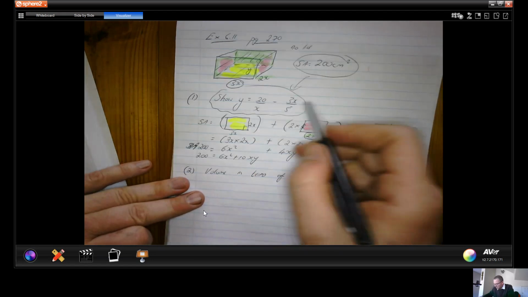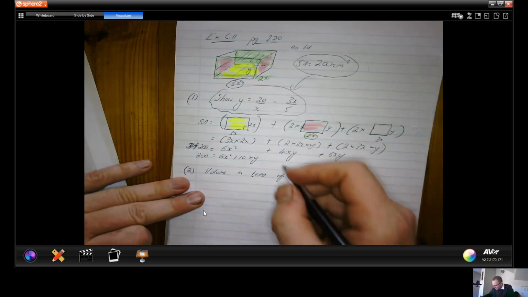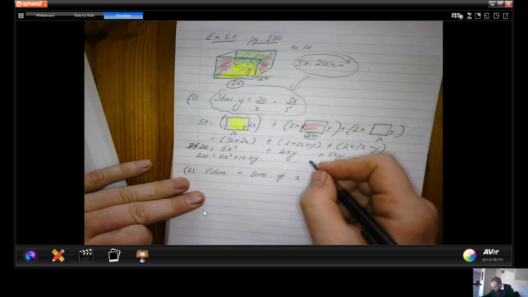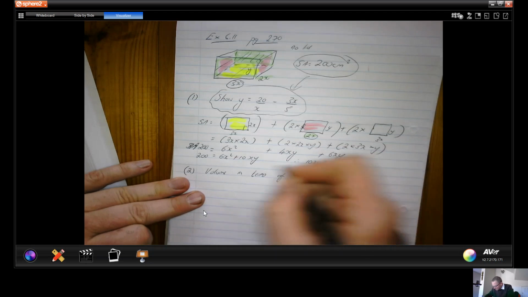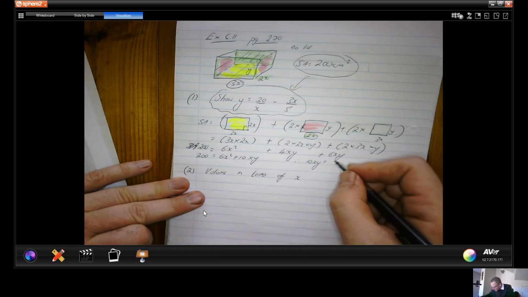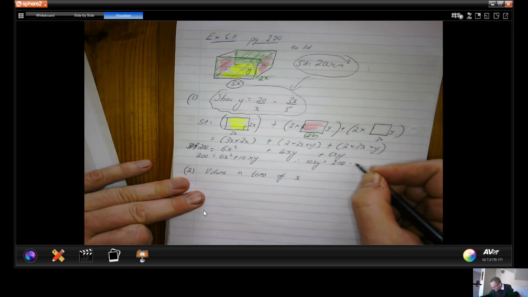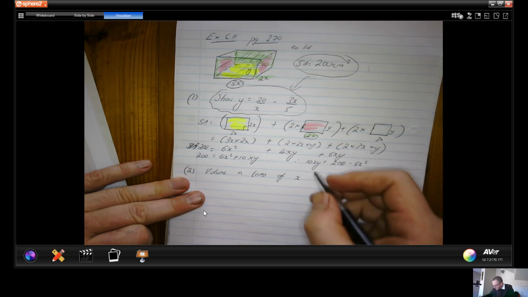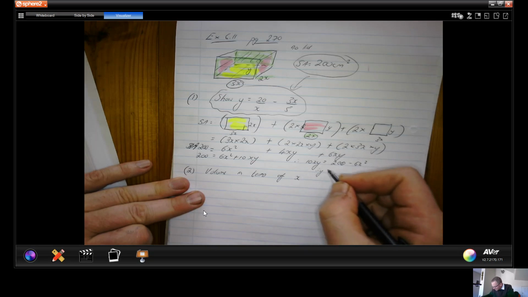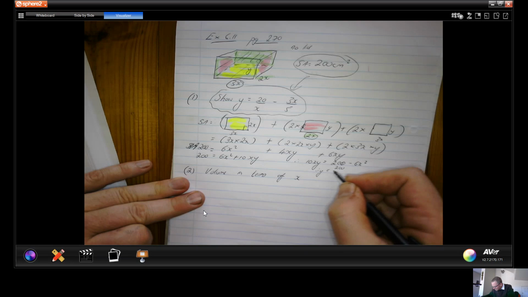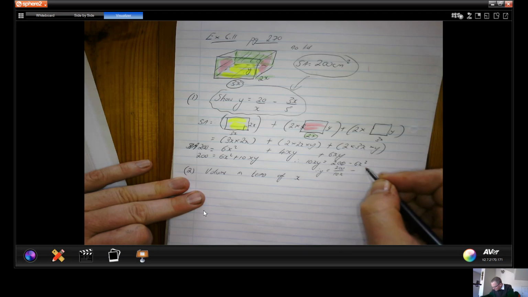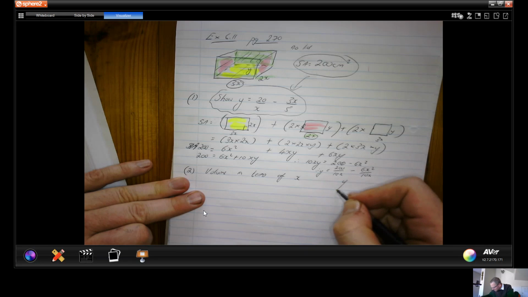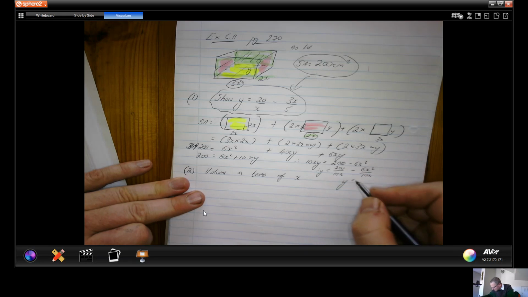Now we want to show that y is equal to something, so we want to get y on its own. So 10xy is equal to 200 minus 6x squared. To get y on its own, you divide by 10x. So y is 200 over 10x minus 6x squared over 10x. 200 divided by 10 is 20, so it's 20 over x minus 3x over 5.